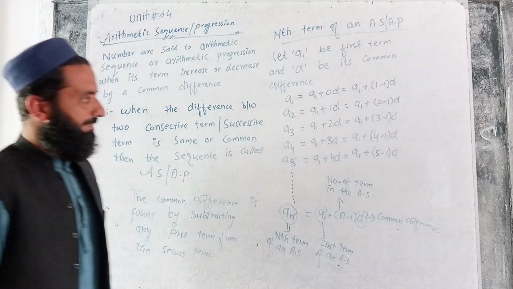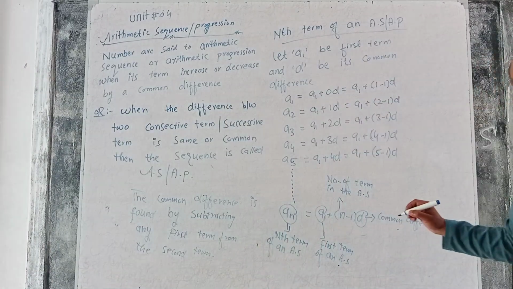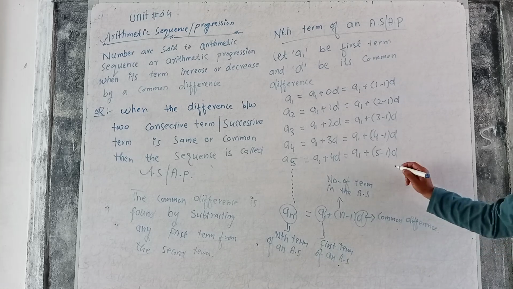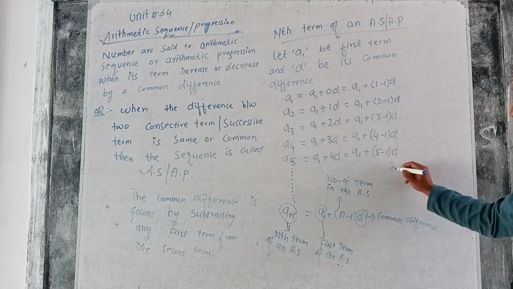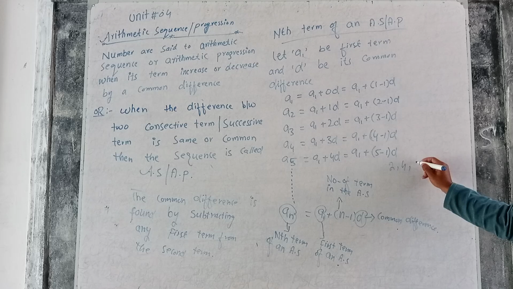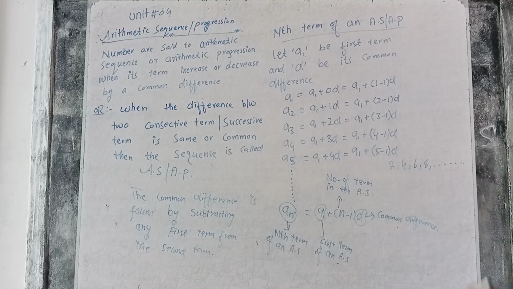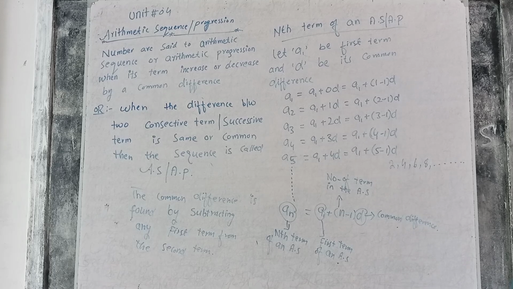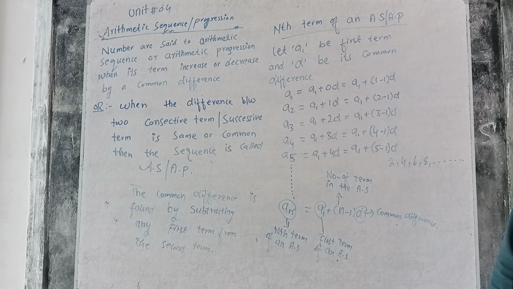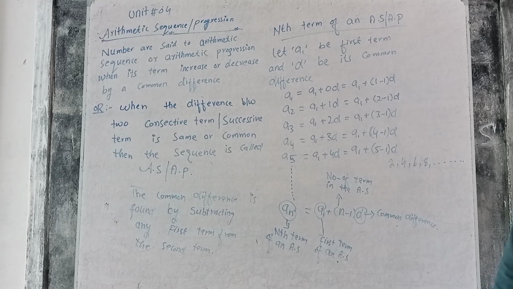Let's take one example of an arithmetic sequence: 2, 4, 6, 8 and so on is an arithmetic sequence. Now we want to find the common difference between every two terms.